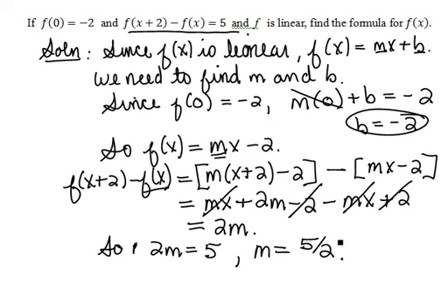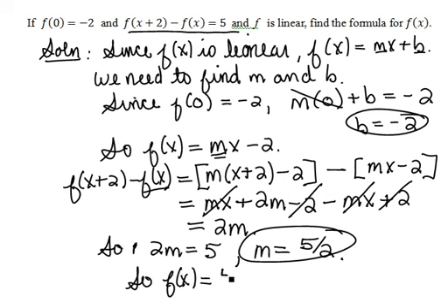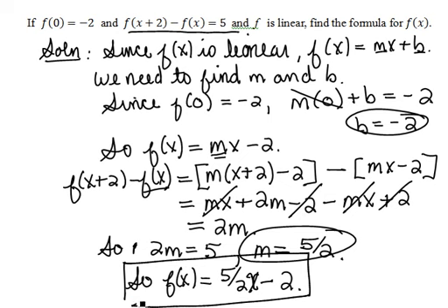If we put that together with the fact that b is negative 2, we have f of x is equal to 5/2 x minus 2. And there is our linear function f of x, satisfying these two conditions. By making use of what they told us in this problem, and the fact that we know what a standard linear function looks like, we were able to find the specific linear function that they are referring to.